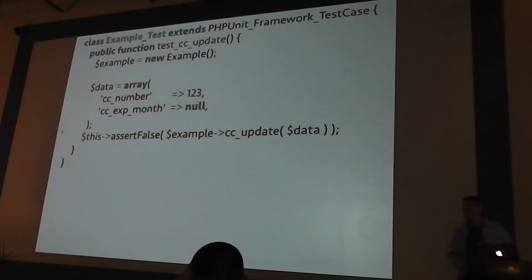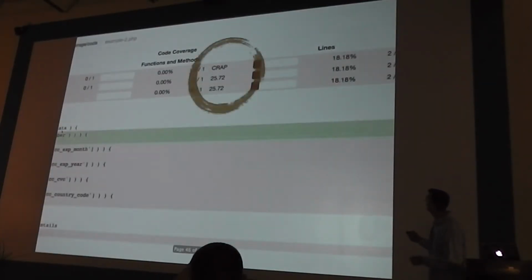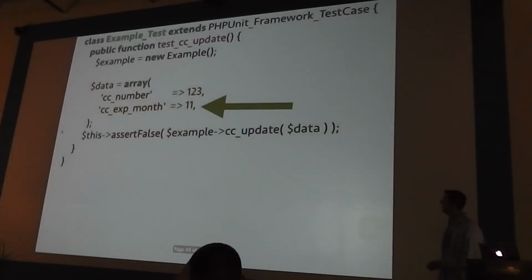So we'll add some new information to our test to see if we can execute more of the lines of code. And we run that, and we get up to 27%, and we've lowered from 25 to 19. So a sizable reduction in crap of our code. Not bad.